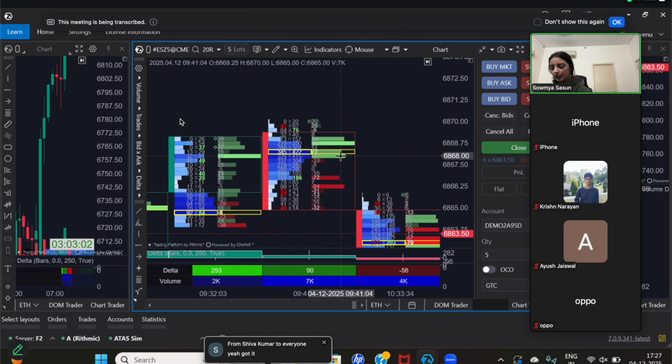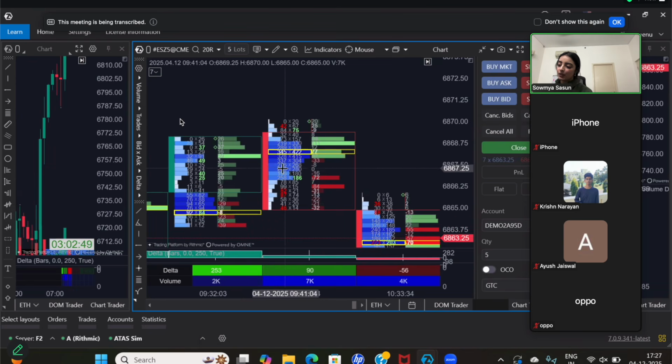Now, what is volume? Volume is quantity, obviously, the number of people who have participated. Here you can see there are a lot of blue bars. This shows that at this level a lot of people were participating and taking trades over here; a lot of volume had occurred. Now, let's go up.